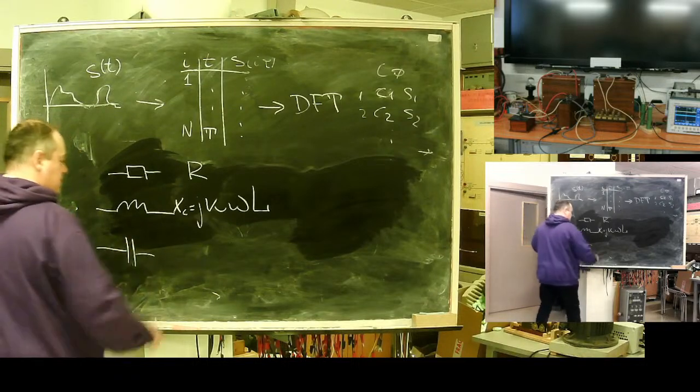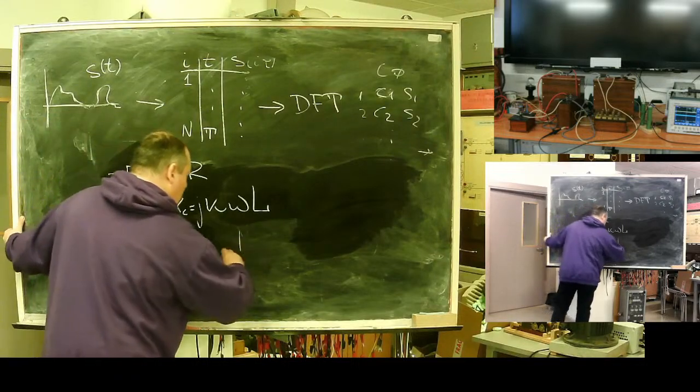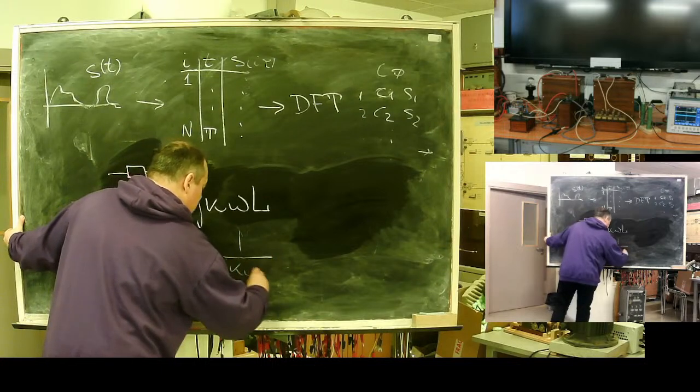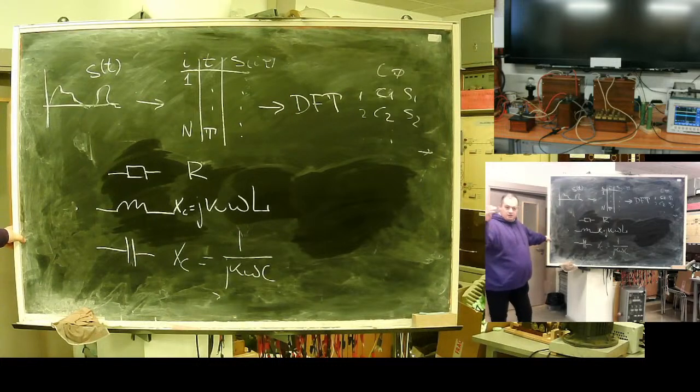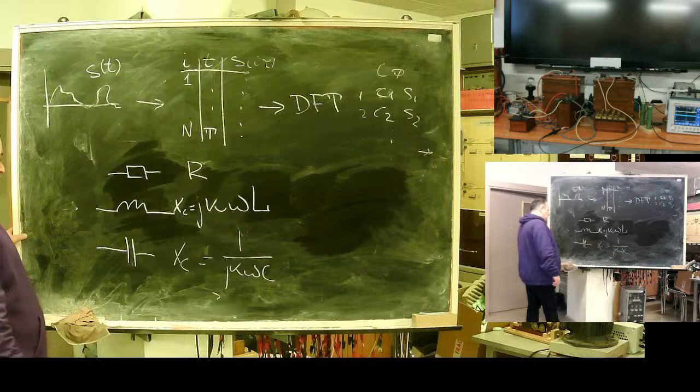For capacitors, it will be 1 over j k omega C. For each frequency, for double frequency, the capacitor impedance drops twice. For triple, one third, and so on.